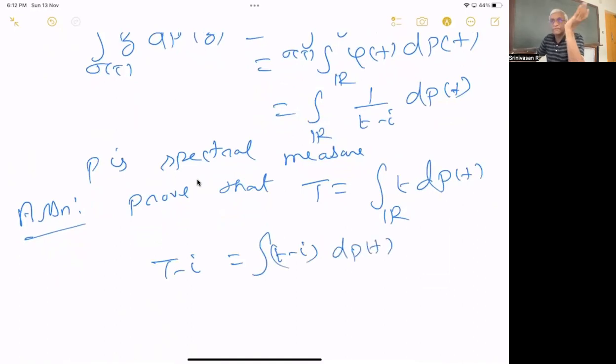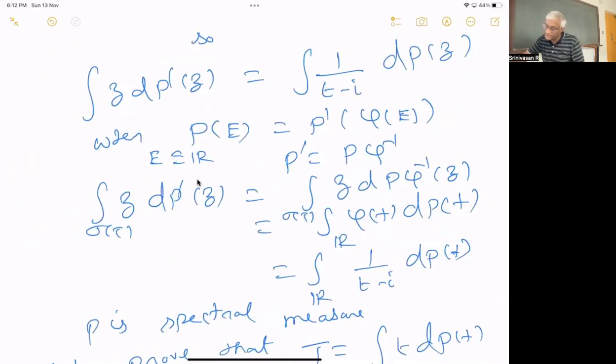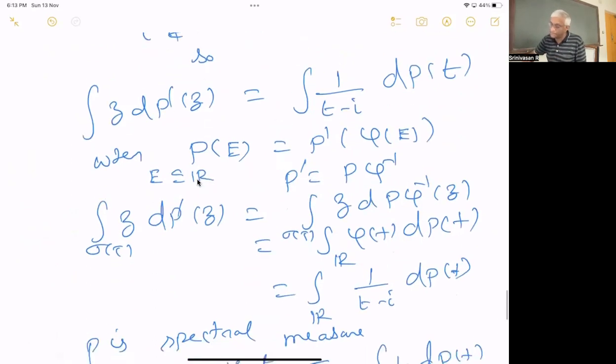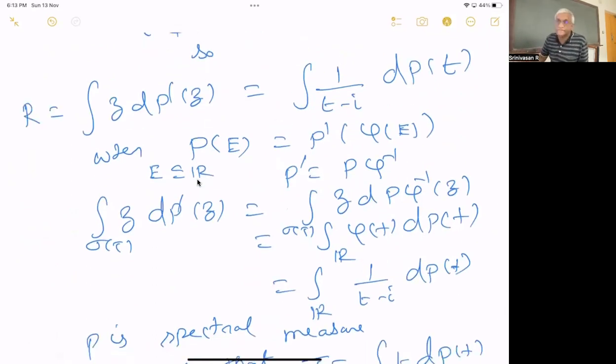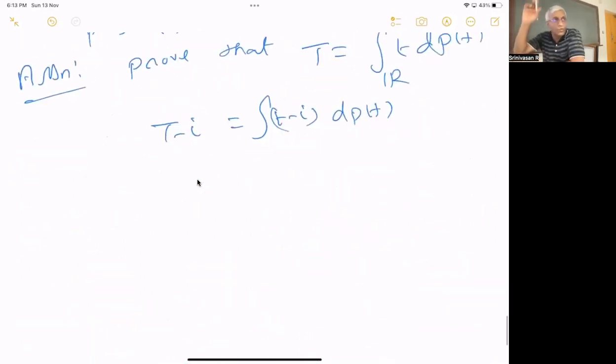You can prove it because you already know this equation: 1 by (T minus I), that is the integral of 1 by (t minus i) dP_t. That is an operator, that is your R. Now that R is the inverse of 1 by (T minus I), and you can write T minus I like this.